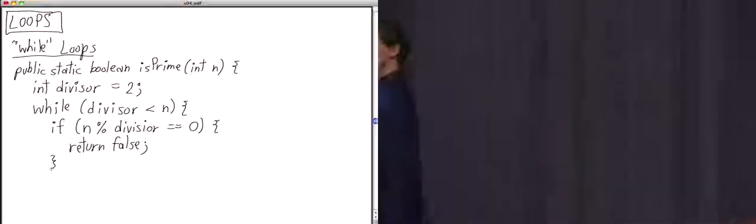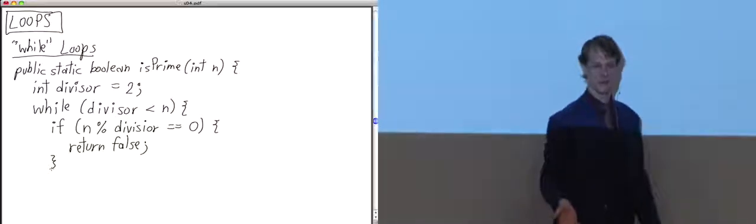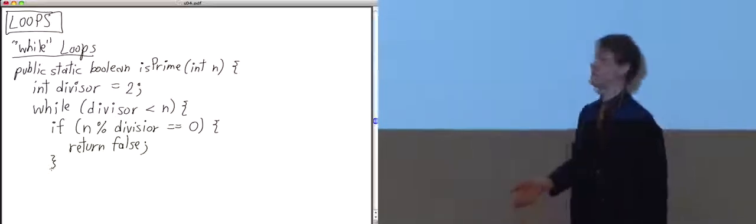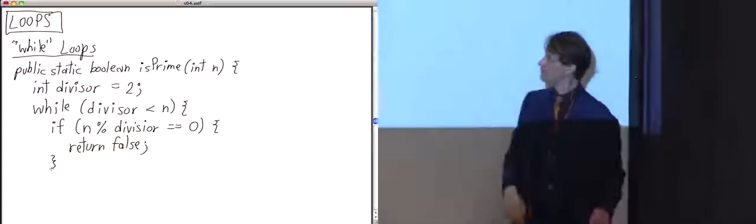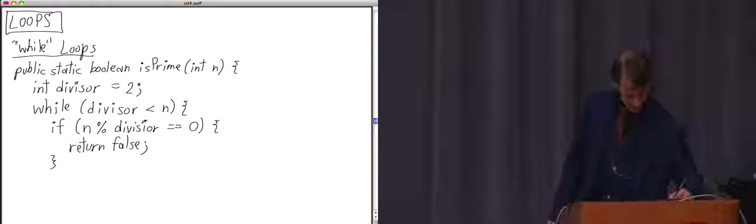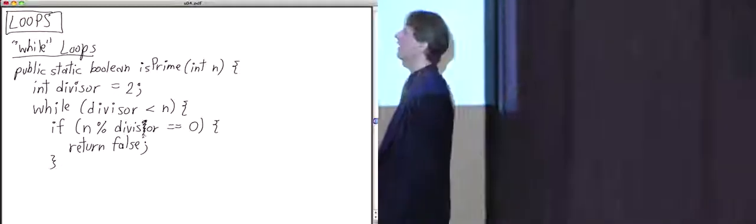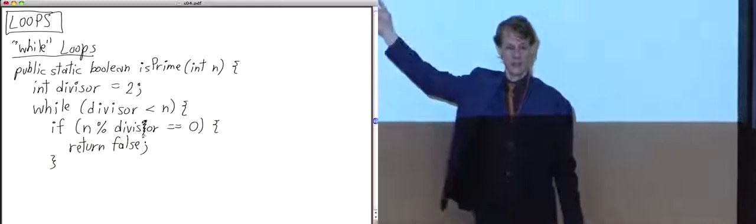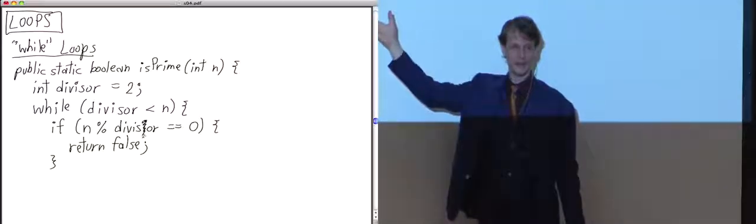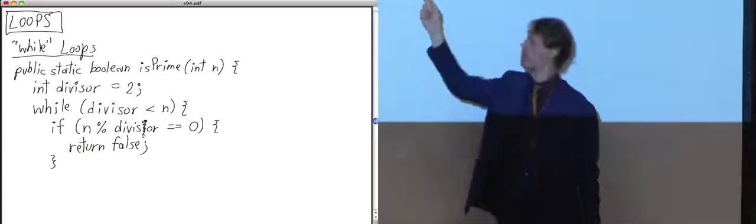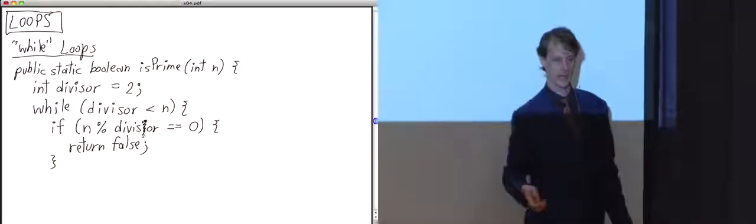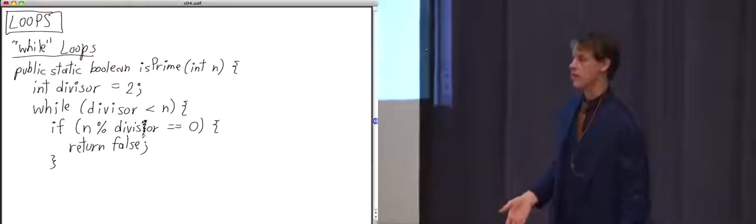we're going to check whether or not n is divisible by that divisor. So you'll notice I've used the remainder operator here to figure out whether or not my number n is divisible by the test divisor. And if the remainder you get when you divide n by divisor is 0, that tells you that n is divisible by divisor, and therefore n is not prime.